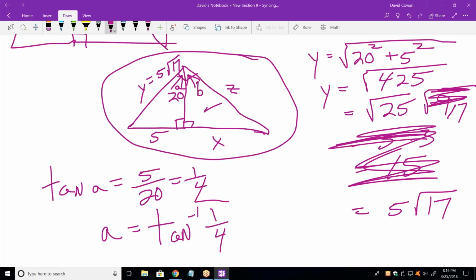So in your calculator, look up inverse tangent of 1/4, or inverse tangent of 0.25. Do you know how to do that on your calculator?